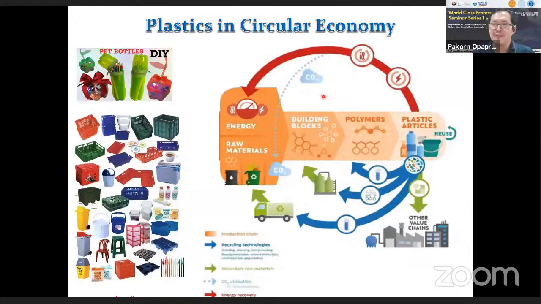Now, if we apply this concept to the plastic or polymer industry, we know that plastic or polymer comes from raw materials, the majority of which are fossil-based, from crude oil. We convert them into building blocks, or monomers, and then synthesize them into polymer and make them into plastic products.